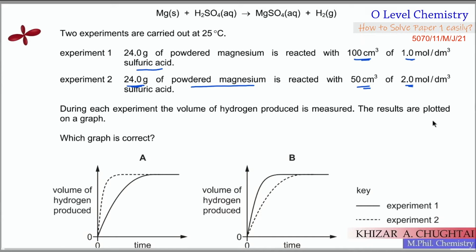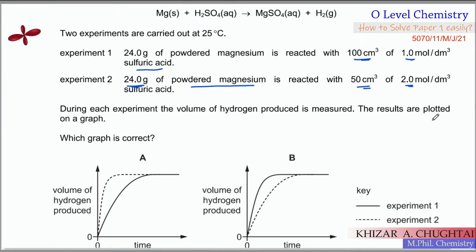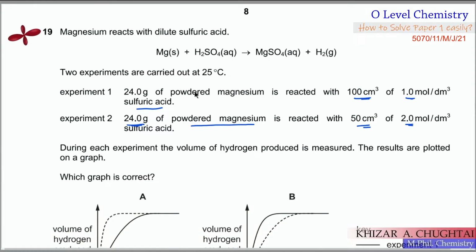Number 1, which one is the limiting reactant? First of all, I'm going to calculate the limiting reactant. It's 24 over 1 mole. In this case, again, it's 1 mole. 1 mole of magnesium, and the moles of sulfuric acid in this case is 100 multiplied by 1 over 1000.